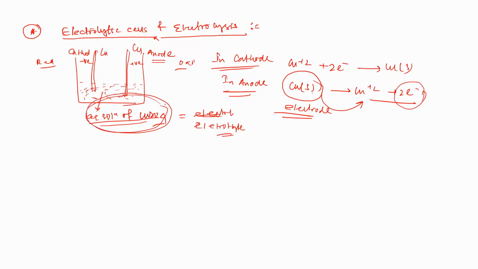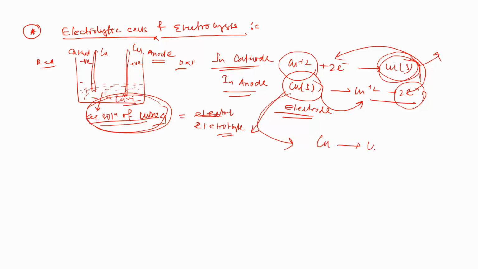So this electrolyte of copper sulfate is there. So in this electrolyte also copper plus 2 is there. So this copper plus 2 takes these 2 electrons and forms the copper. So here we lose the copper and also get the copper. Basically, copper to copper is forming.